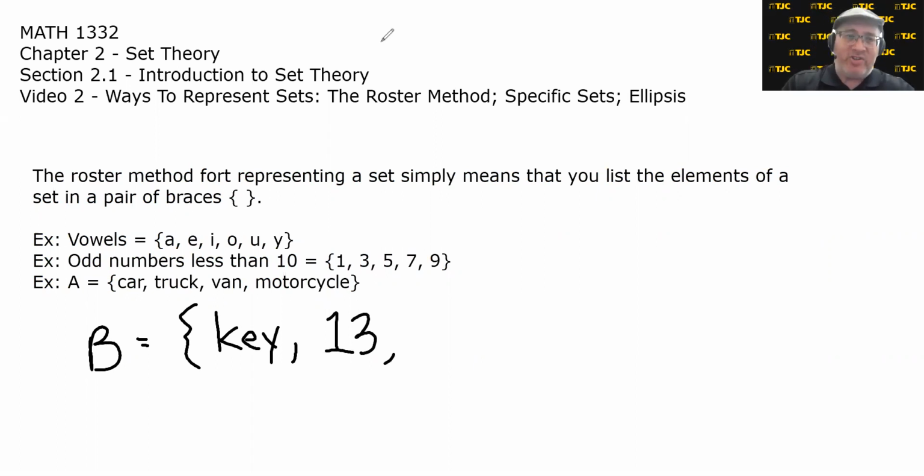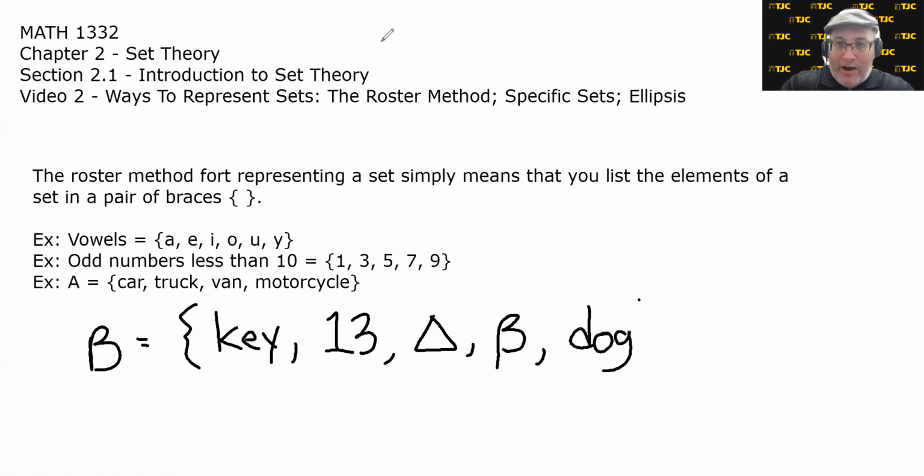Of course, in the previous example, those are all modes of transportation or vehicles, if you will, but there doesn't have to be anything that clarifies why something belongs to a set. I could put a triangle in here. I could put a Greek letter beta, if you're familiar with the Greek alphabet. And let's put dog in here as well.